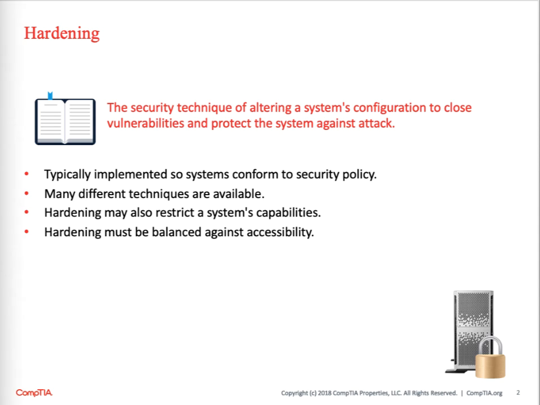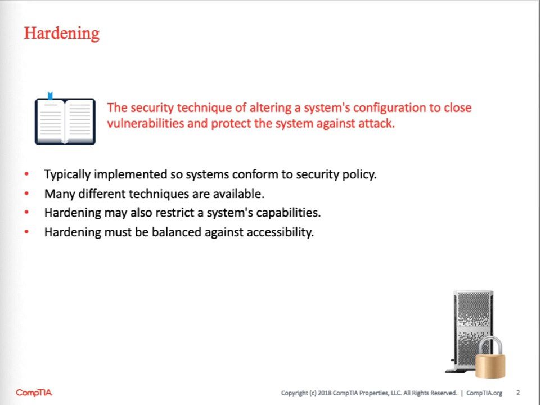All right, so hardening. Hardening is a security technique for altering a system's configuration to close vulnerabilities and protect the system from different types of attacks. There are many different hardening techniques that can be employed.